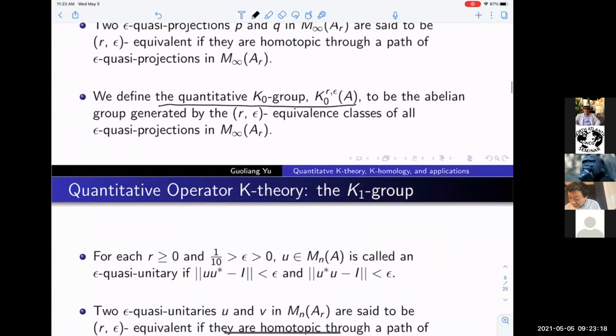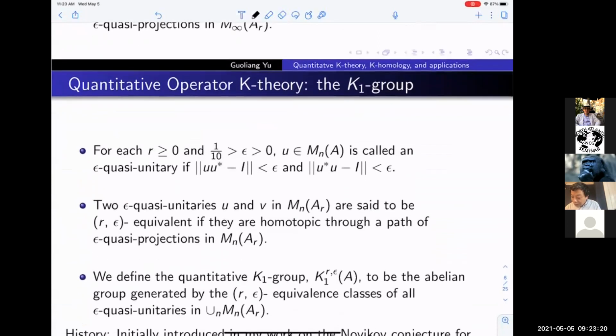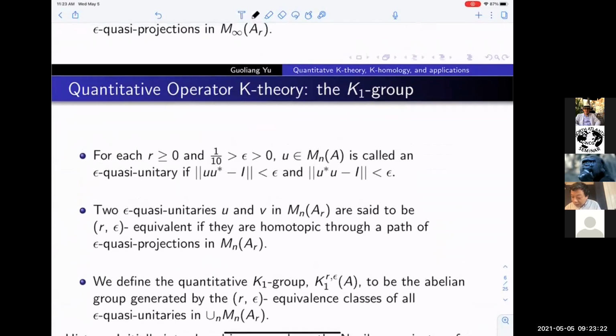Or maybe first we can also define similarly the case of K1. Again, if I restrict myself to length R, it's not possible to have a lot of unitaries, so we restrict ourselves to only quasi-unitaries. That's motivated by a geometric situation.